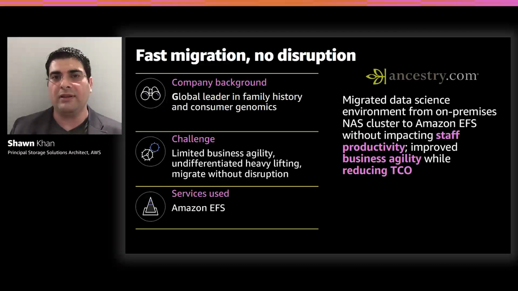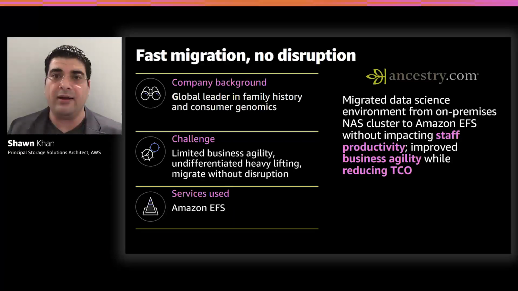So they were using an on-premises NAS cluster, which was very inflexible and didn't allow them to fulfill those ad hoc requests and then do experimentation fast. So they came over and tested out Amazon EFS, and they really saw the value of EFS and its capabilities.